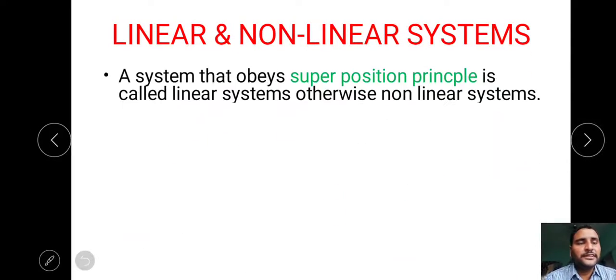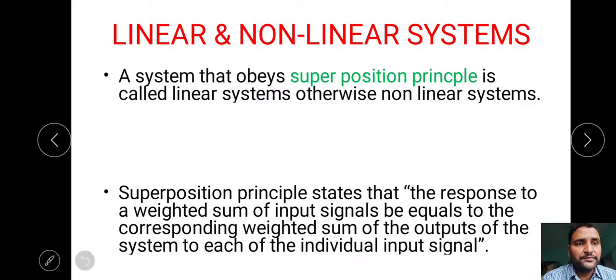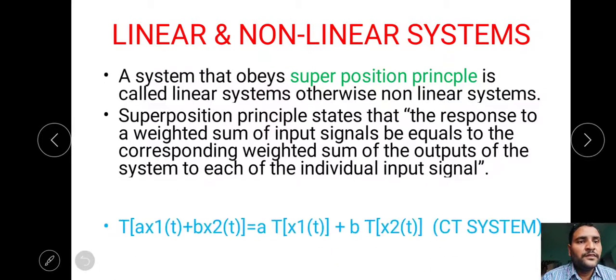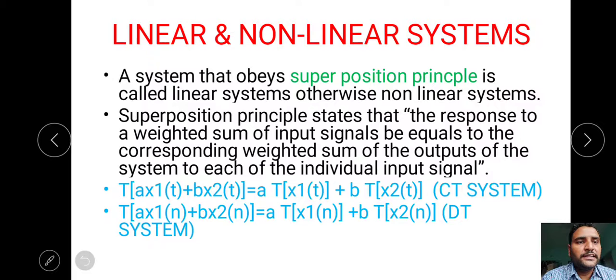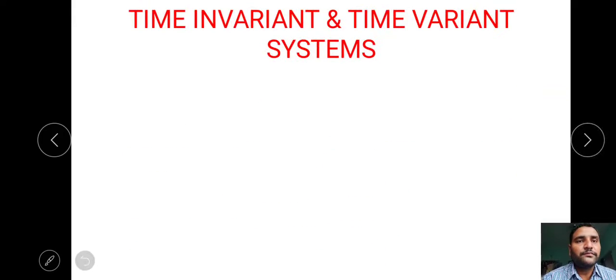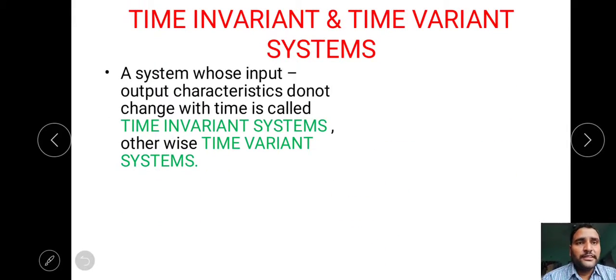Linear: you know that a system which obeys the superposition principle is called a linear system, otherwise non-linear. For a discrete time system, this is the statement. The system which obeys that statement is called a linear system. Time invariant and time variant: as the name indicates, a system whose input-output characteristics do not change with time is called time invariant.